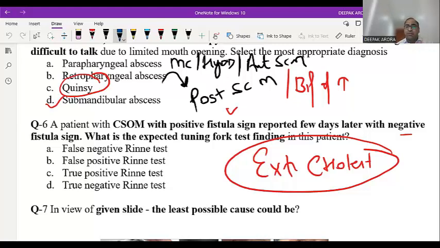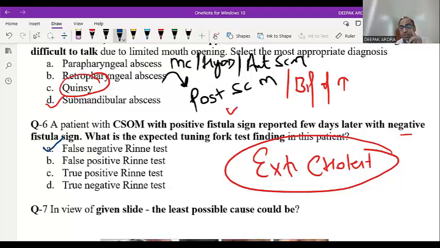And whenever there is severe deafness, there is a high probability that we can get a false negative in this test. Whenever there is unilateral severe sensorineural deafness, there is a probability of a false negative. So option A can be the expected finding of this patient. Again, I'm highlighting this point: the patient can have a true negative because it is mainly conductive deafness involvement.